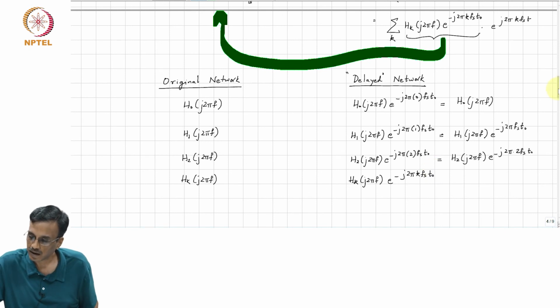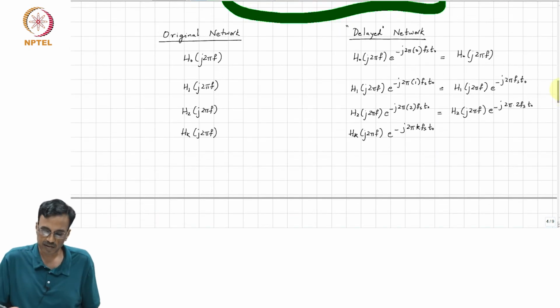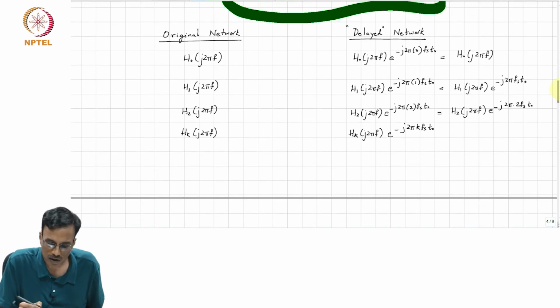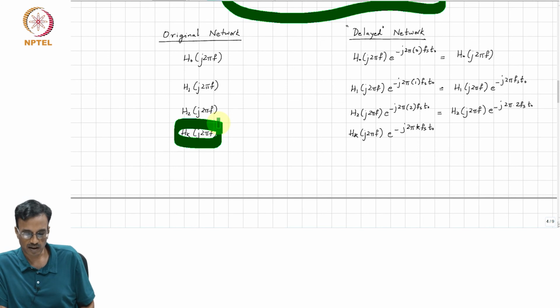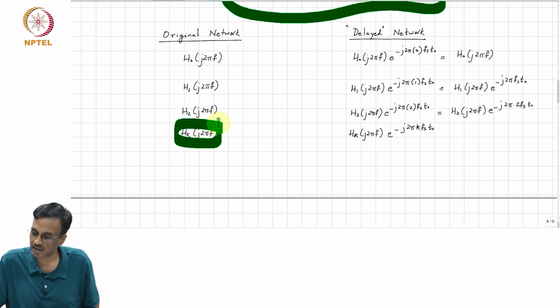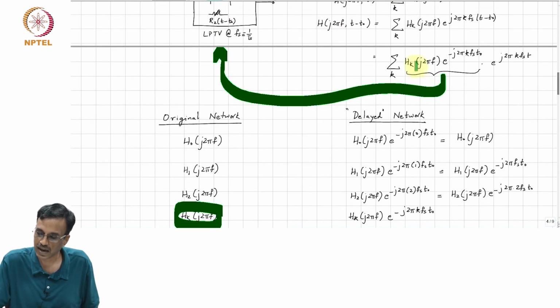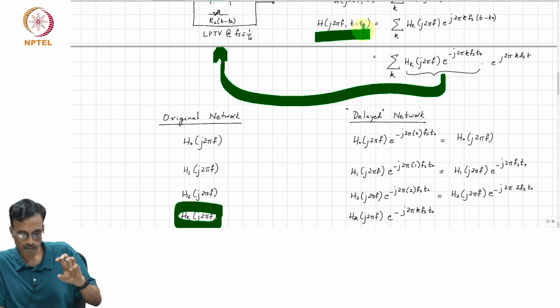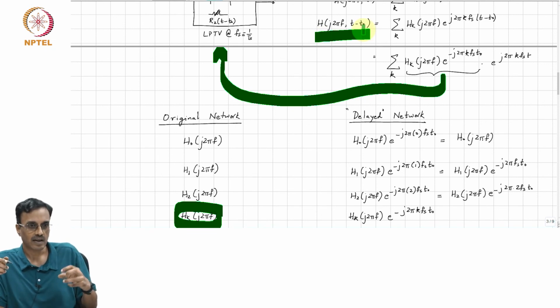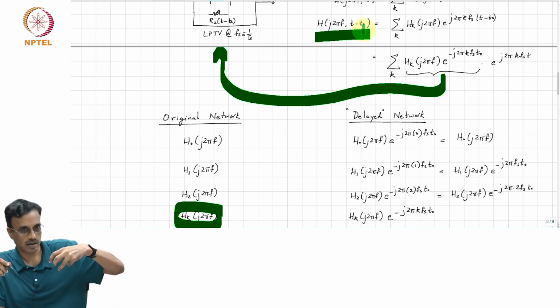All right. And so, why does this make intuitive sense? Well, remember what this h sub k is. If you expand this periodic gain function in a Fourier series, this h sub k quantifies the strength of the kth harmonic, correct.